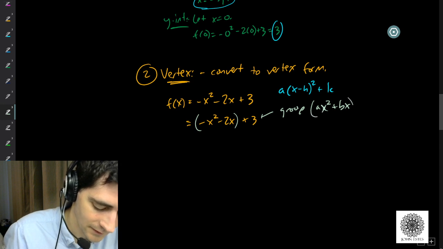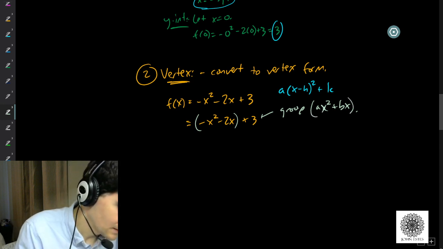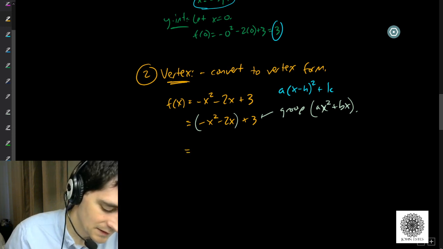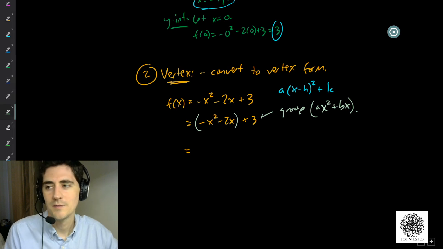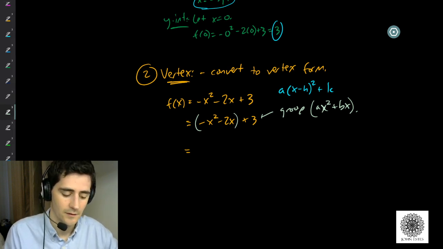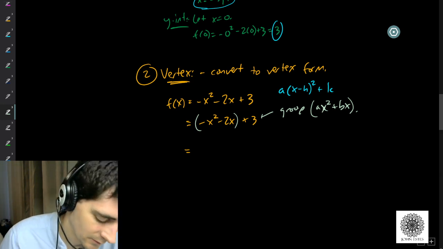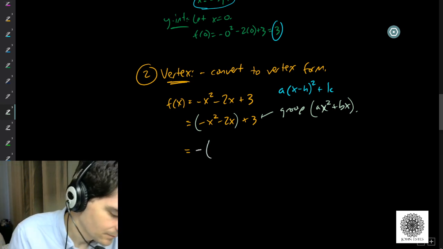The second thing you want to do is make the leading coefficient of this group 1. Right now it's negative 1, so I'm going to factor out the negative.